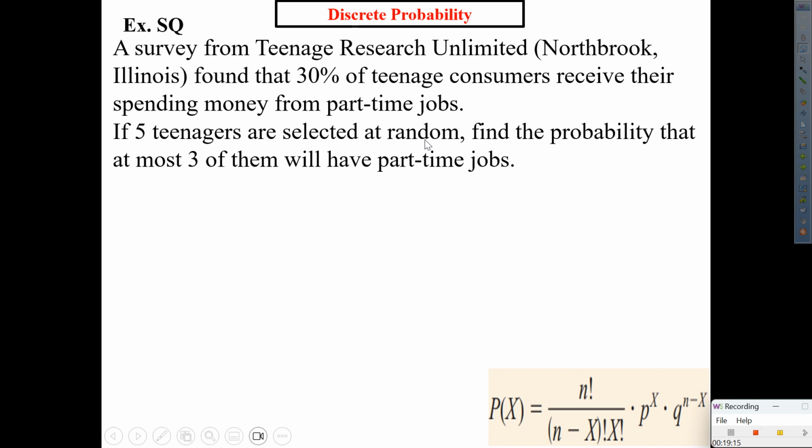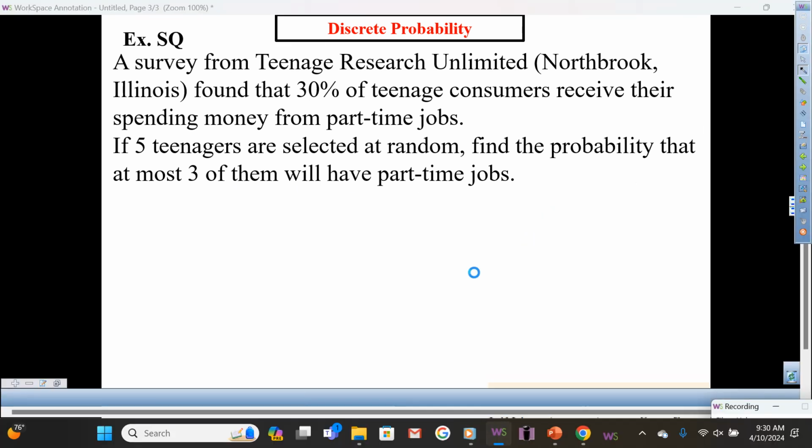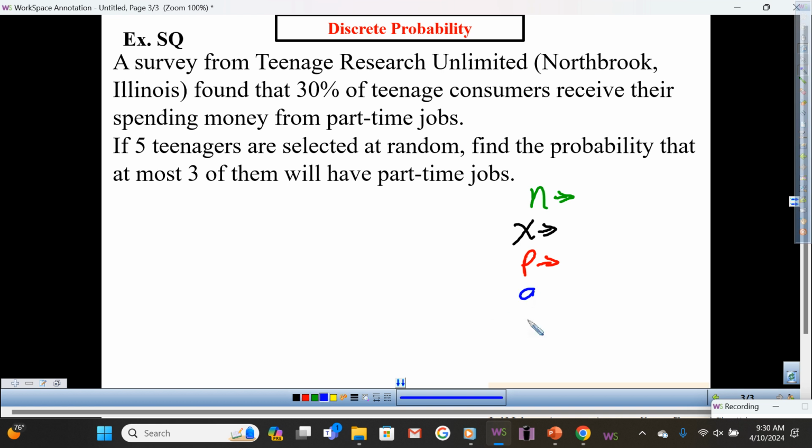If 5 teenagers are selected at random, find the probability that at most 3 of them will have part-time jobs. So, don't copy this. However, share with your neighbor what N is, what is X, what is P, and what is Q. Just share with your neighbor what we're going to use for those.